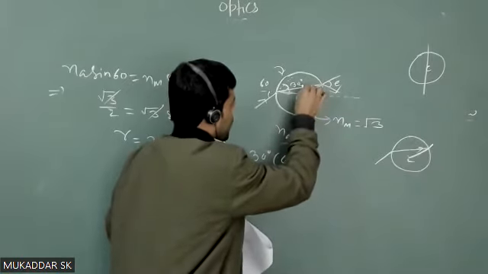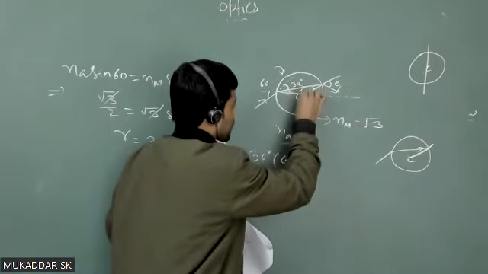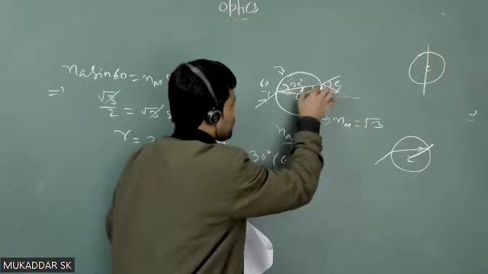So this distance is R. Now I can draw a perpendicular, ठीक है ना. Suppose this distance is how much?